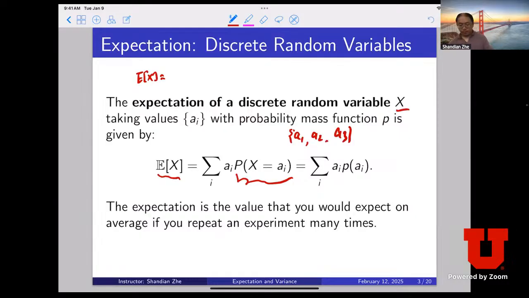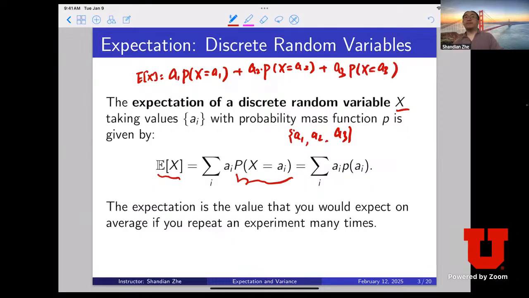Written explicitly, it is a1 times the probability x takes a1, plus a2 times the probability x takes a2, plus a3 times the probability x takes a3. And that's it.